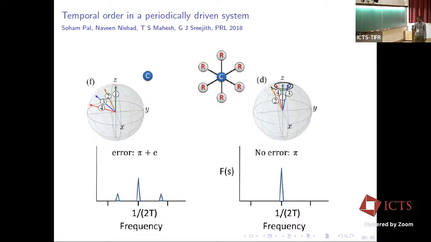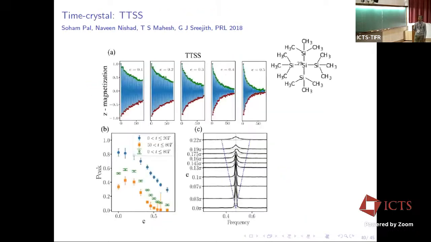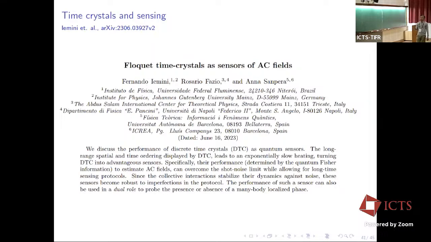That's why we call this a time crystal, and we observed this in a 37 spin system. We could see the temporal rigidity even up to about 22% error in the pi pulse. More recently, there is a paper on using time crystals as sensors of AC fields.